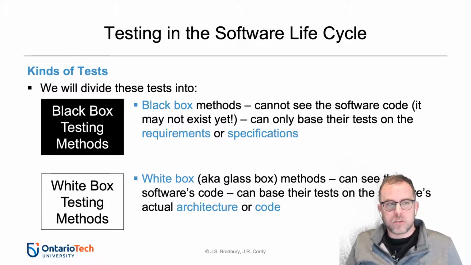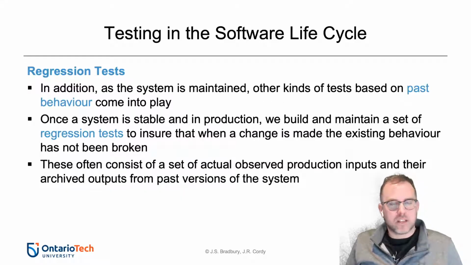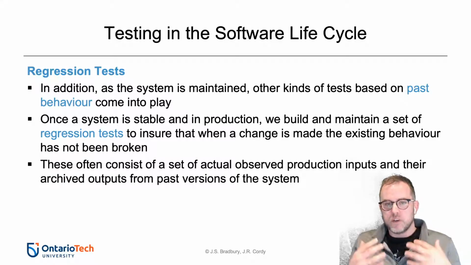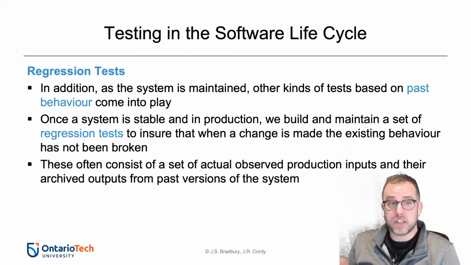Okay, so speaking of when testing is used in the lifecycle, it's also important to talk about testing after deployment, meaning after you've developed and released the first version of your software, when you're continually maintaining it, maybe for years. There is testing involved in that.